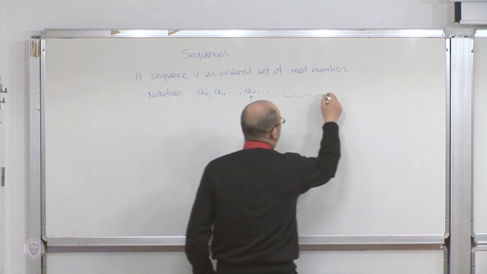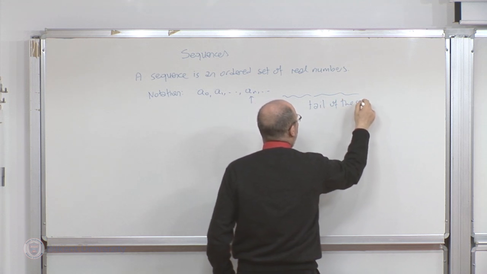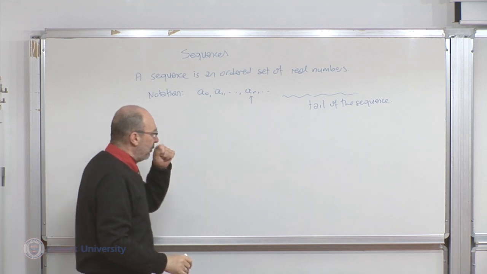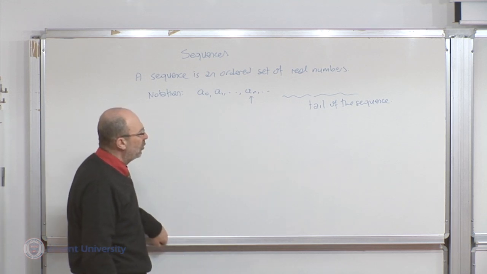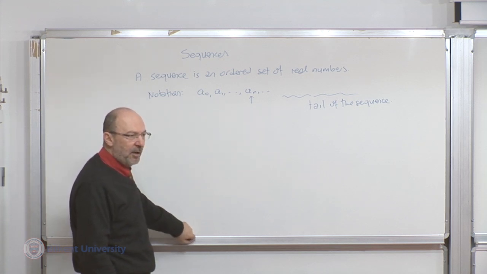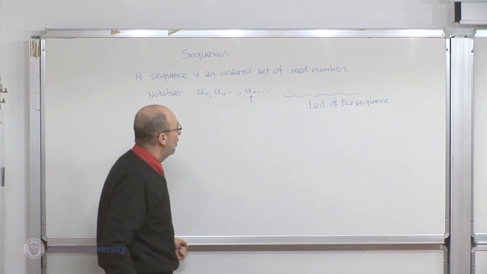The important part is this part called the tail of the sequence. We want to understand the behavior of the tail of the sequence. Do those numbers behave as if they are getting closer and closer to another real number? That's the question here.